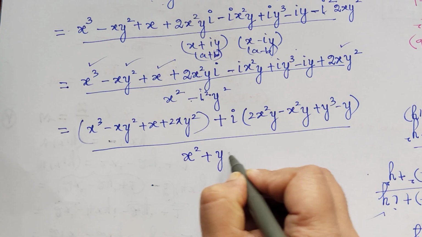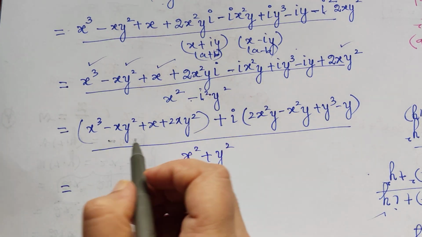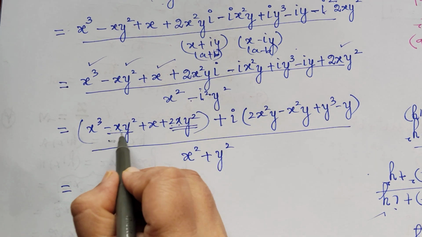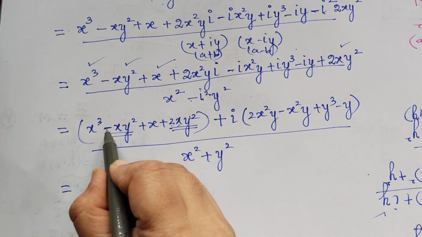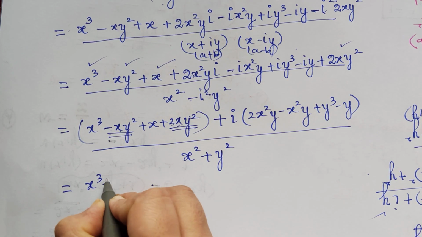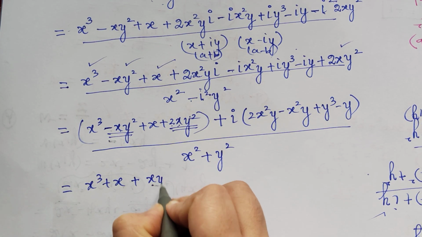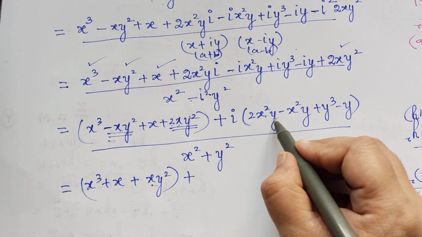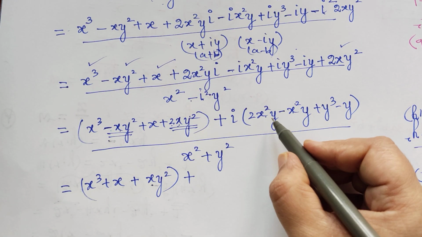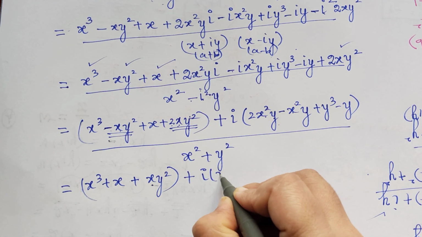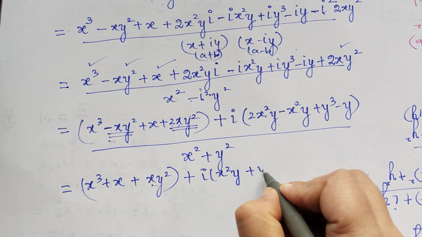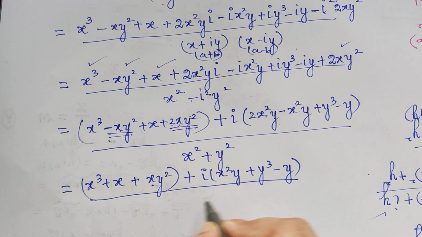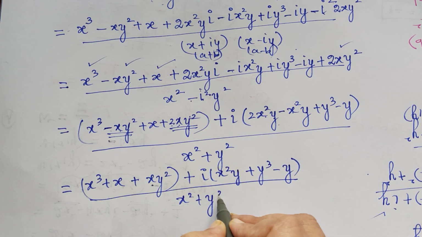So the denominator becomes x² plus y². Now minus xy² plus 2xy² becomes xy², so it will be x³ plus x plus xy², and 2x²y minus x²y gives us x²y, so i multiplied with x²y plus y³ minus y, the whole divided by x² plus y².